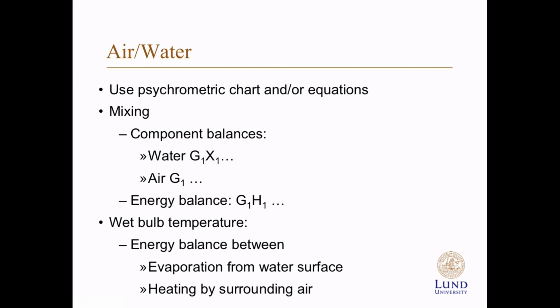And the equation there is difficult to use. So if you get an example with a wet bulb temperature, then just use the psychrometric chart, because it's been calculated for you, and you don't have good enough data to see how the heat capacity changes with temperature and how the evaporation enthalpy changes with temperature.